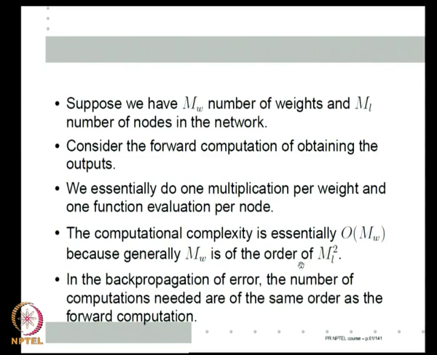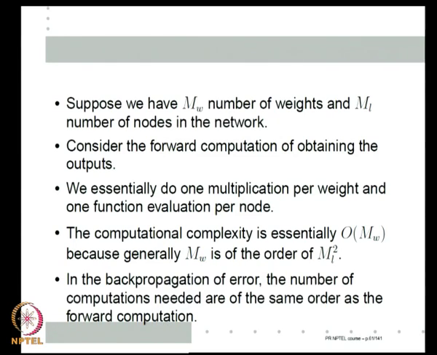What about the backpropagation? In backpropagation, the nature of computation is the same. Essentially, you think of the errors at the output nodes like the inputs at the input layer, and then do the same kind of weighted sum calculation. So, for the backpropagation of error, the number of computations needed is of the same order as the forward computation. In the forward computation, I am calculating f, in the backward computation calculating f prime.